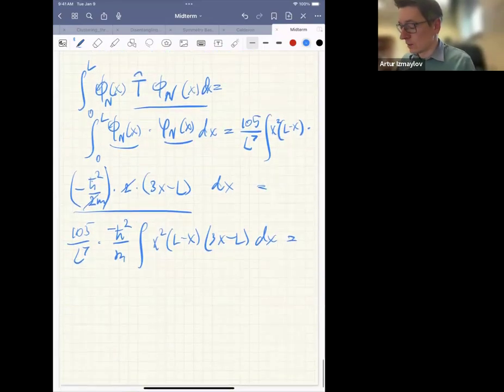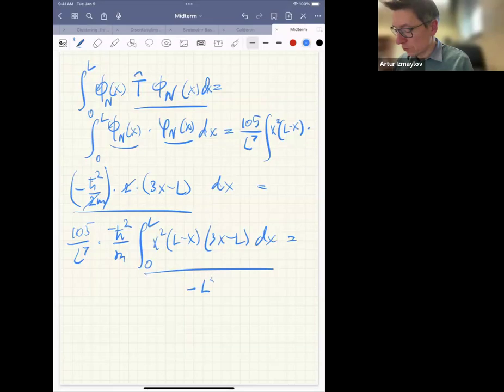And that integral, if you do it correctly between 0 and L, will simply be minus L to the fifth over 15. It's a little bit tedious to calculate, so I'll just say what it is.